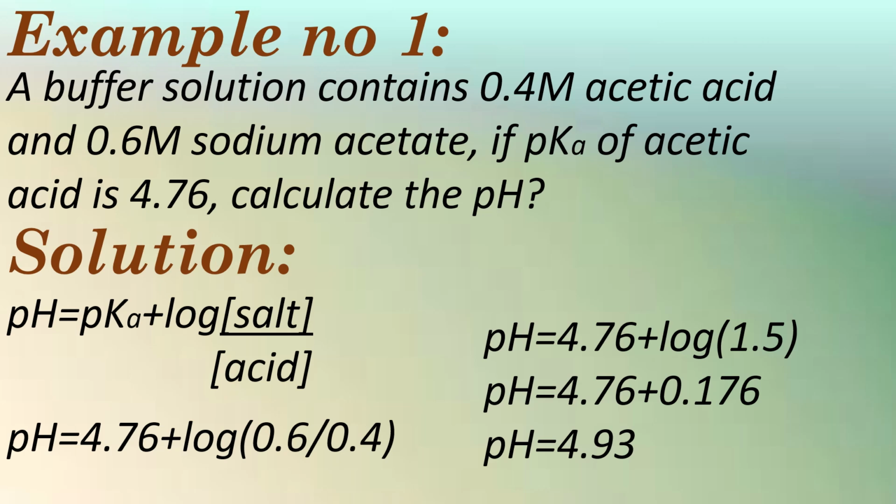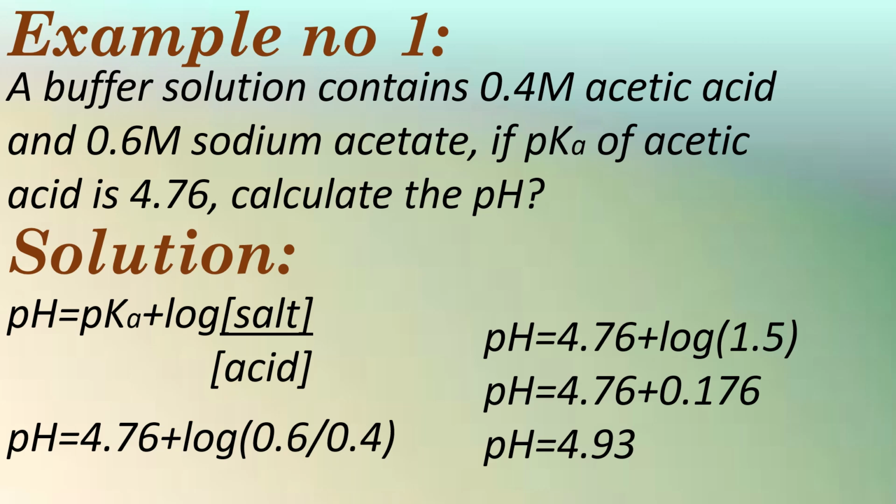So, in this example number 1, we have concentration of acetic acid given, concentration of sodium acetate is given, pKa, negative logarithm of dissociation constant of acetic acid is 4.76. We have to calculate pH of the solution.